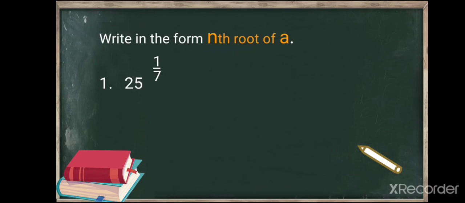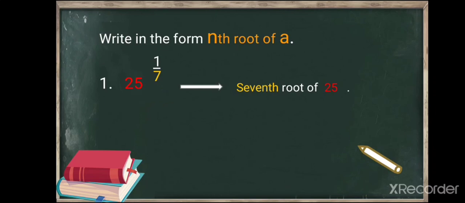Here you can see 1 upon 7 is the index value. So first write down 7th root of. Now the next step is the base. Here the base is 25, so write it down at last. So we will get 7th root of 25. That is the meaning of this term.